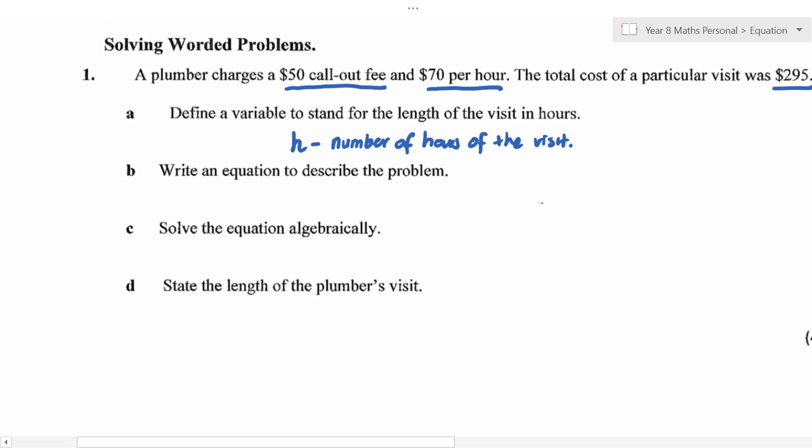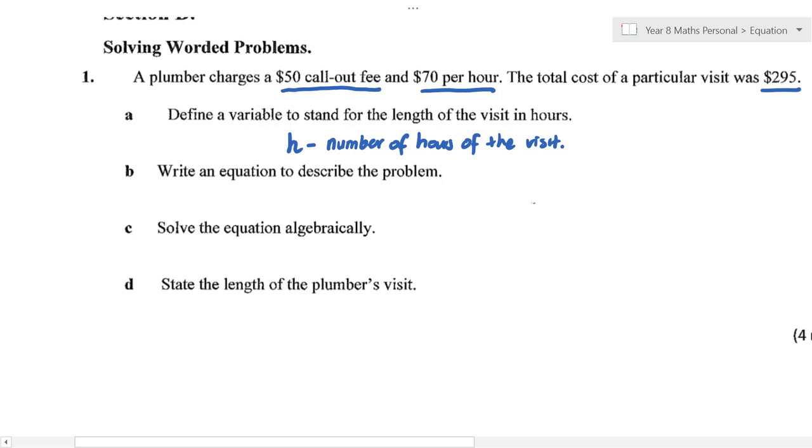Now it says write an equation to describe the problem. Now, it says here that the total cost is $295. So $295 is actually how much he charges. But the unknown is, well, we don't know actually how many hours he was there.